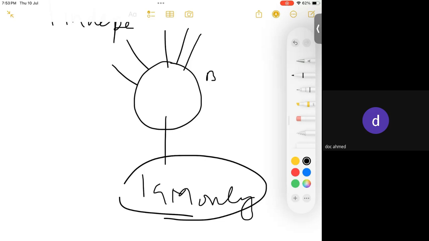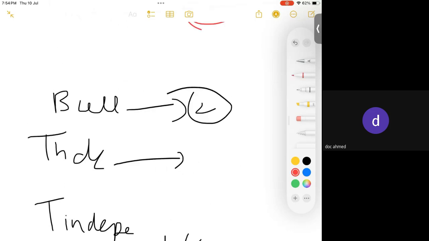We need class switching. Class switching needs TH dependent activation. Am I right? But if we have a non-peptide antigen, it will directly dump off the IgM from the B cell, because we know that the B cell can only make IgM if you do not have any class switching.